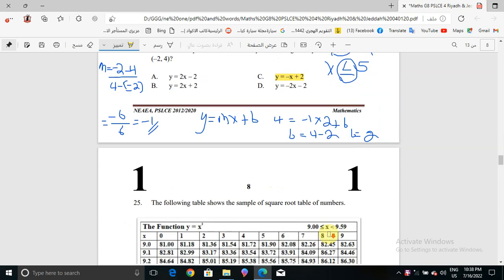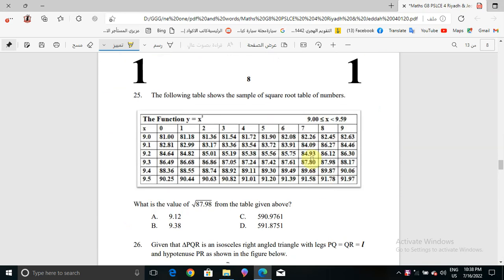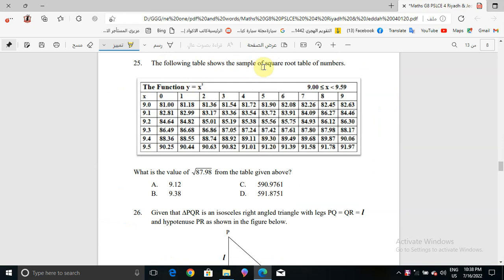Okay, now in question number 25, the following table shows the square root table of numbers. Here it is asking what is the value of the radical of 87.98 from the table given above.